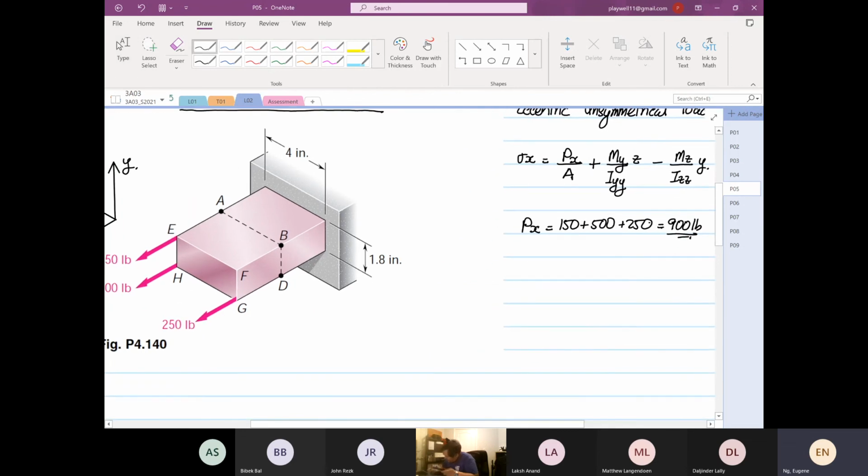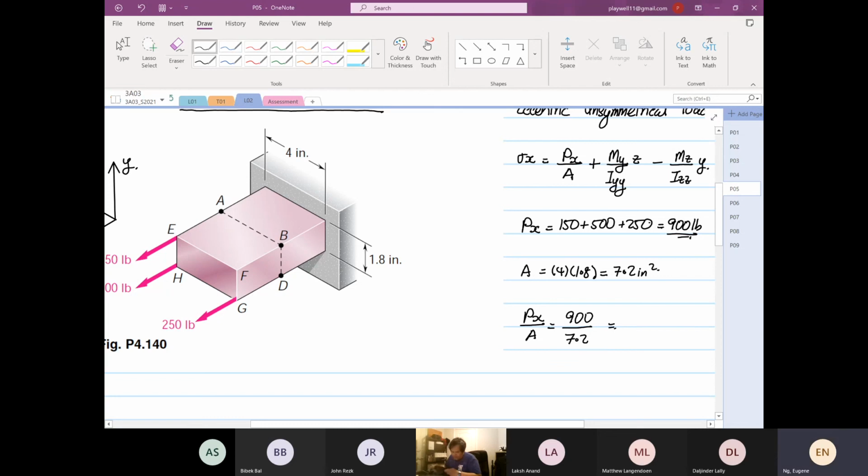So the area is equal to 4 inch multiplied by 1.8, so 4 times 1.8 is equal to 7.2 inches squared. So Px over A, you can directly write this down, is equal to 900 divided by 7.2.